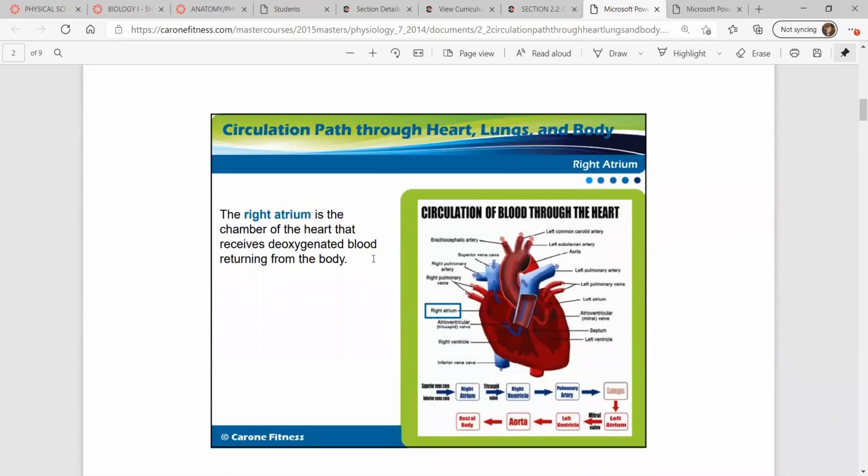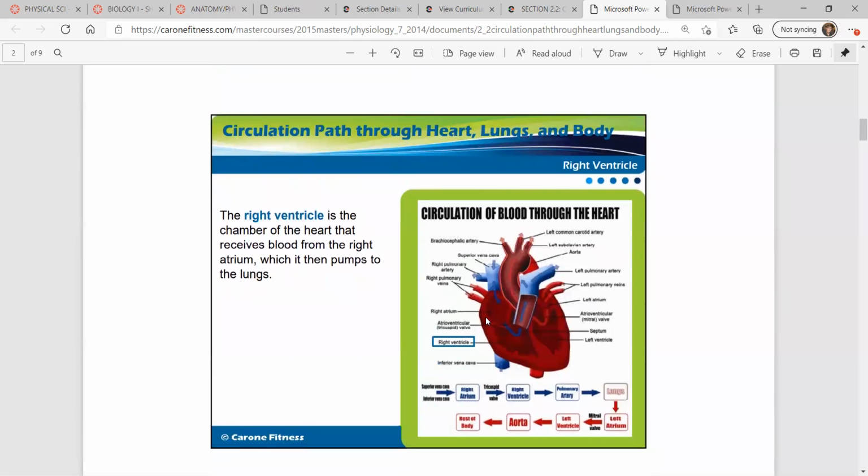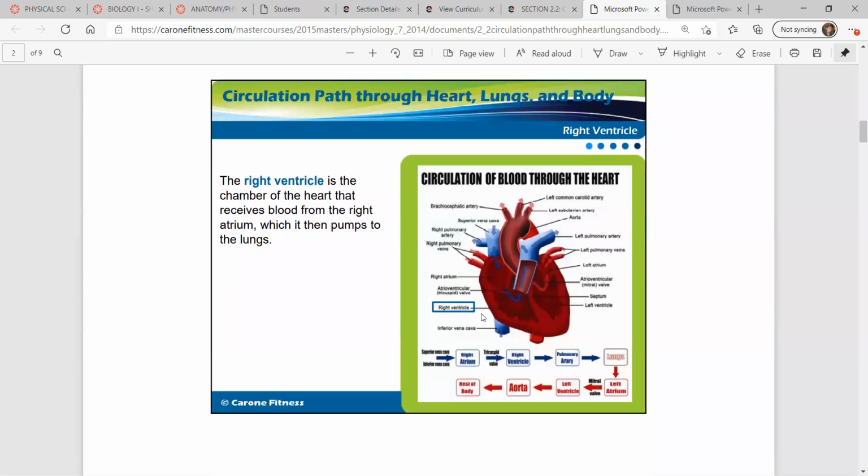The right atrium is the chamber of the heart that receives deoxygenated blood returning from the body, right there. The right ventricle is the chamber of the heart that receives blood from the right atrium, and then it pumps it to the lungs. It's right there.